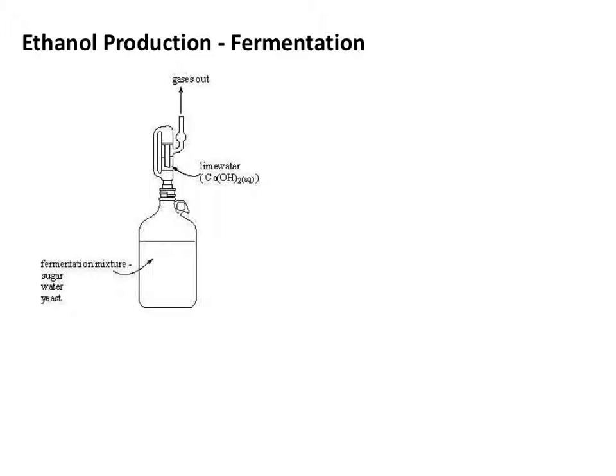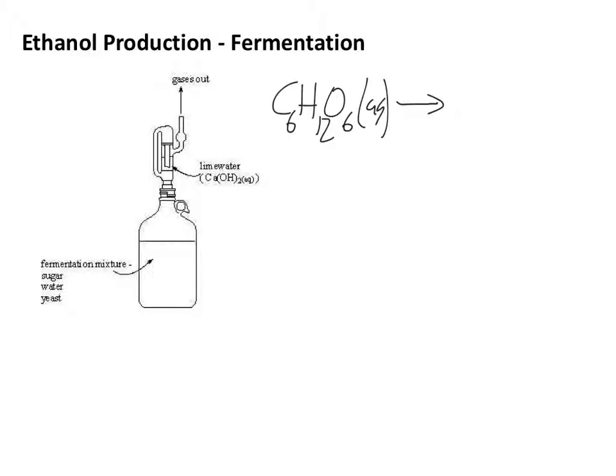Now what happens is that the glucose within the sugar, now glucose has a formula of C6H12O6, and that's dissolved in the water, anaerobically breaks down. Now anaerobic means without oxygen, and so we have a decomposition and we produce ethanol.